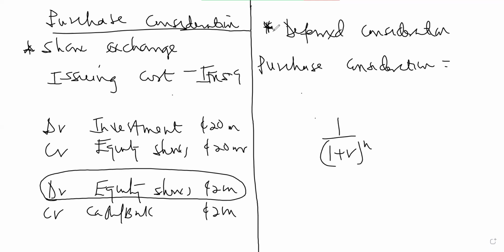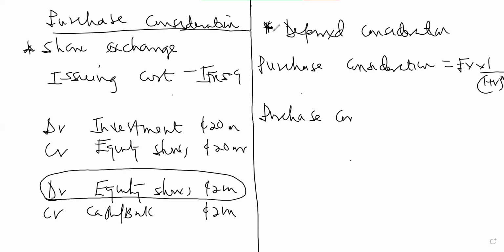So to find the purchase consideration, we take the amount that we are going to be paying, which is a future value, multiplied by 1 over (1 plus r) to the power n. Someone can also say the purchase consideration is calculated as the future value over (1 plus r) to the power n.